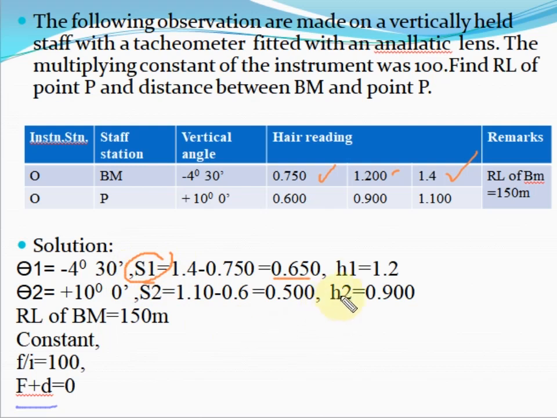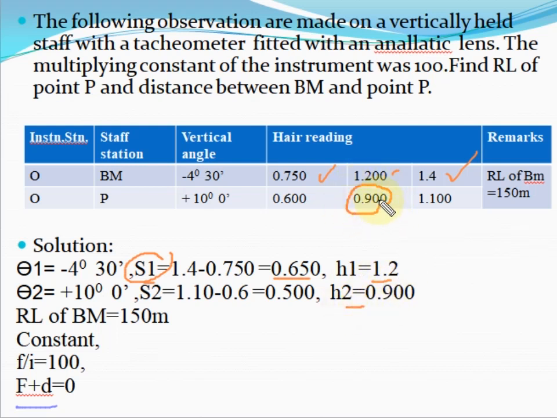H1 is the central reading, that is the height from the instrument axis to the center of the leveling staff. So H1 is 1.2 and H2 is 0.9.